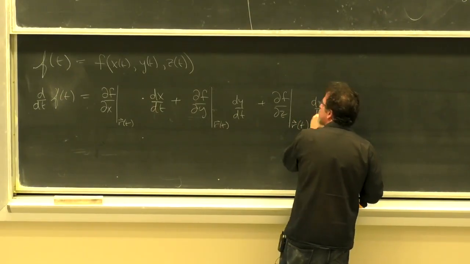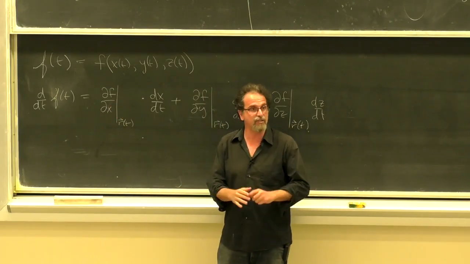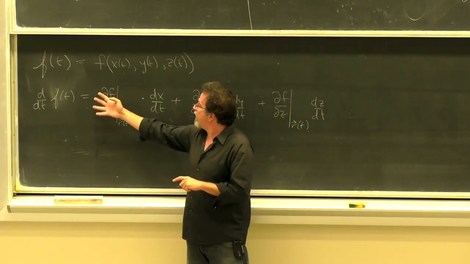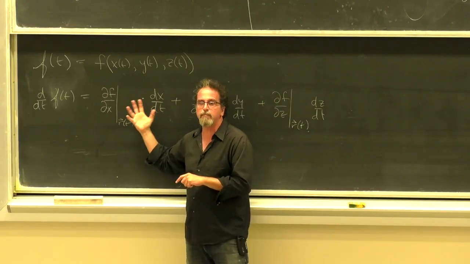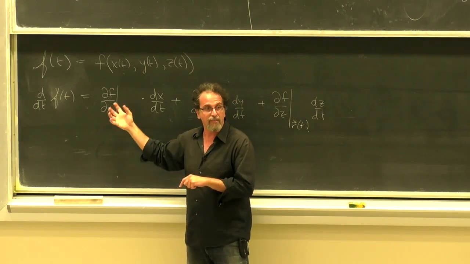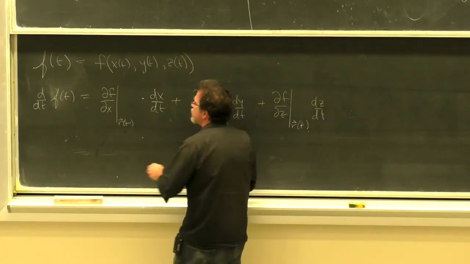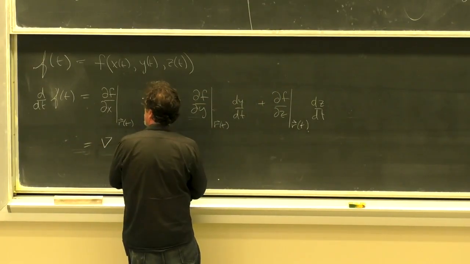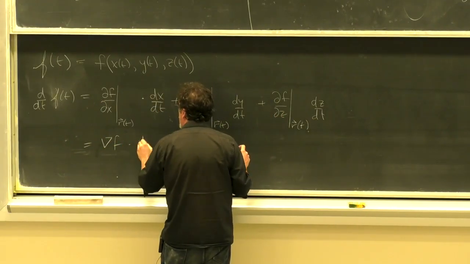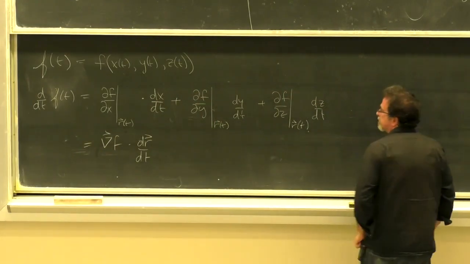I do this evaluation to emphasize that little f is a function of the Cartesian variables x, y, z. But on the right-hand side here, this must be only a function of time. So you must evaluate those Cartesian variables on the curve. And that'll give you a function of time if you evaluate it at r of t. Okay? And this is what we mean by the gradient of f, dotted into dr/dt.